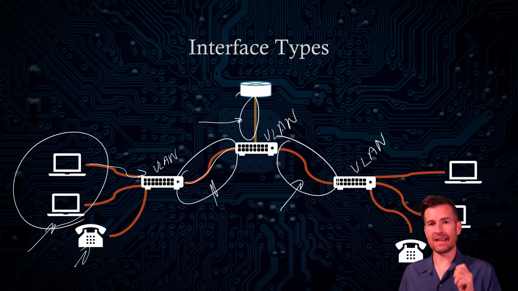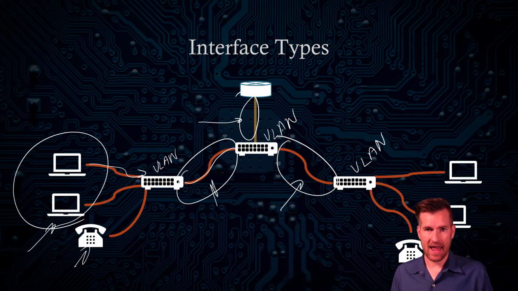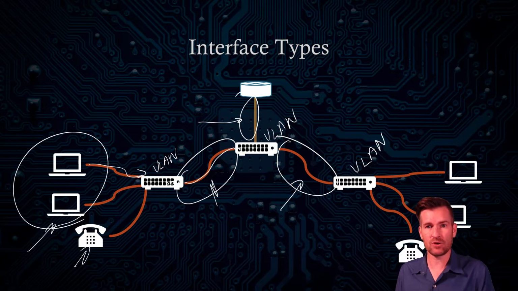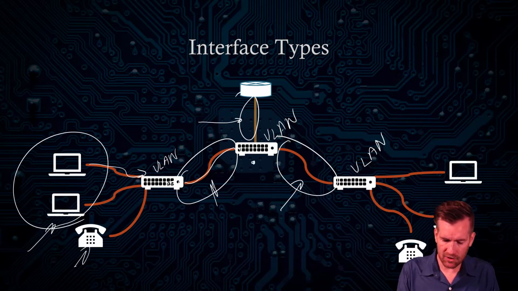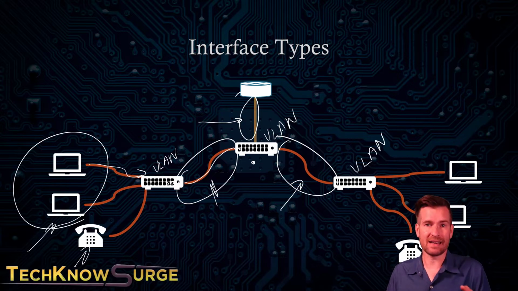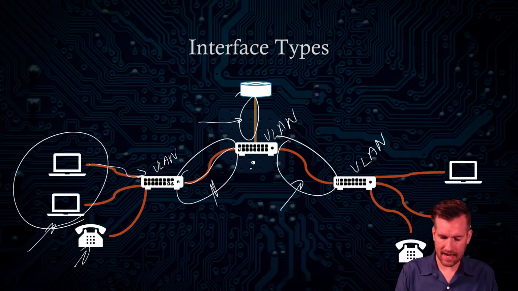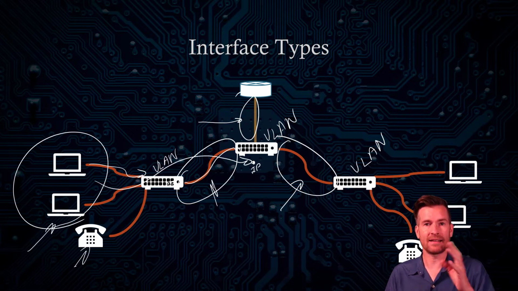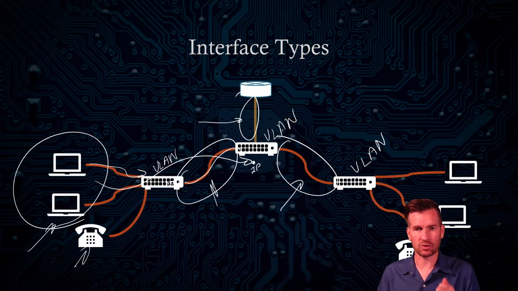And then the final one is a switch virtual interface. A switch virtual interface is a virtual interface, so it's not a physical interface that shows up on these switches. It could serve many different purposes, but one purpose is management of that switch. You would assign an IP address on that interface, and then you'd be able to communicate to that device through that switch virtual interface.